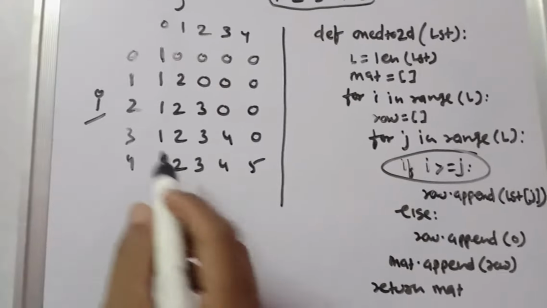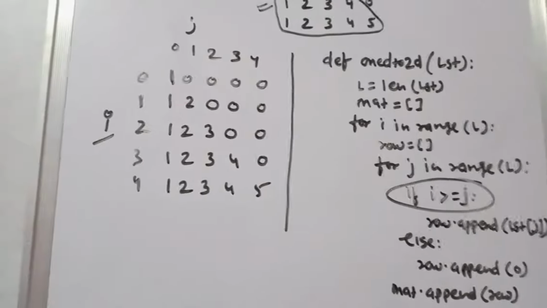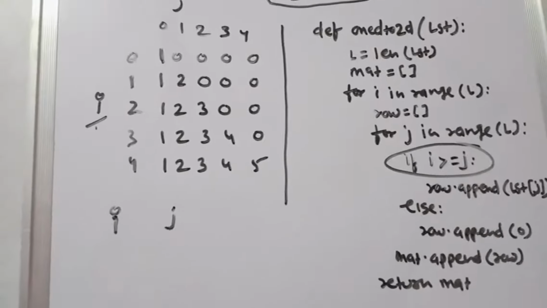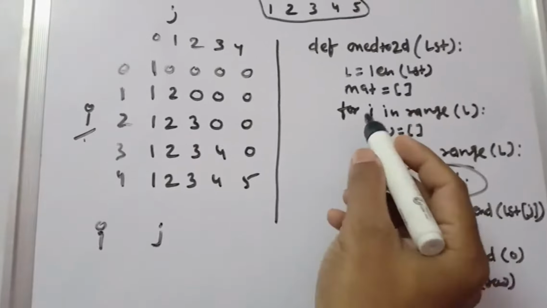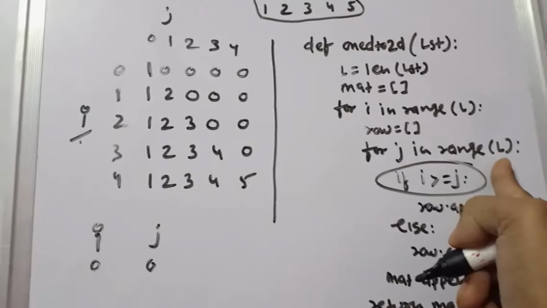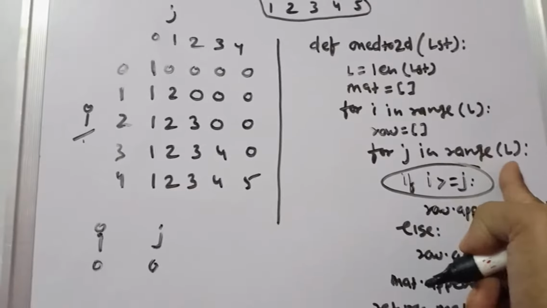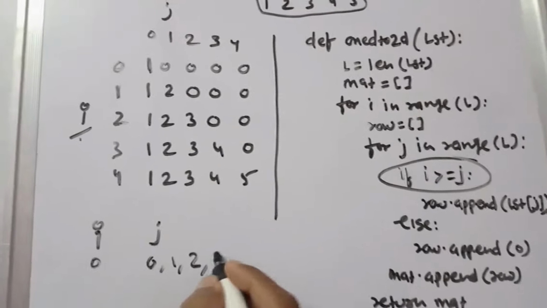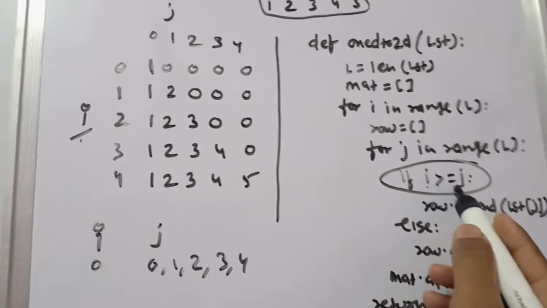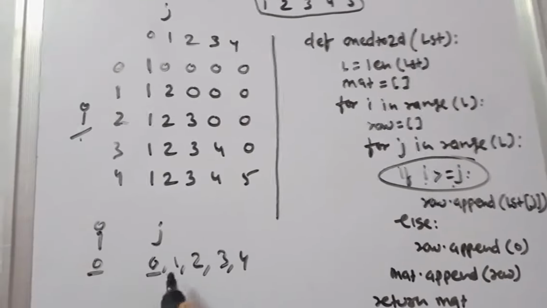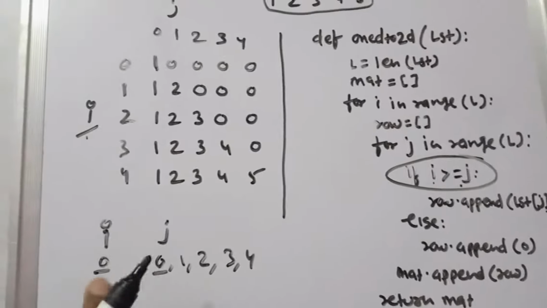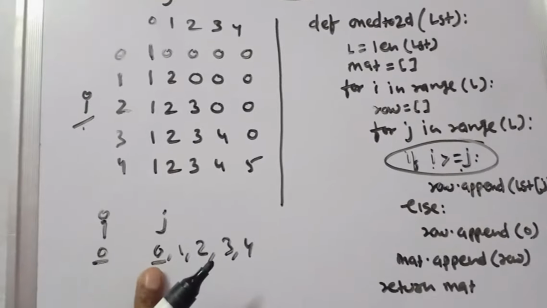Look at the placement. Here in this matrix, this is I and J. The value of I becomes 0 initially, and loop J will rotate up to the size of the linear list. The size of the linear list is 5, so 0, 1, 2, 3, 4. The logic is placed: I greater than or equal to J. I is never greater than J here, but equal in one situation at the first value.